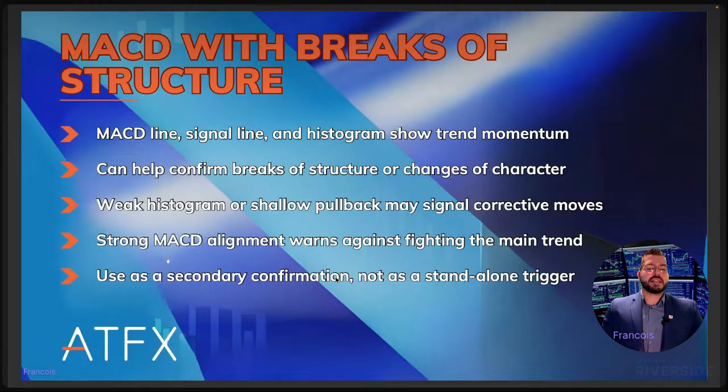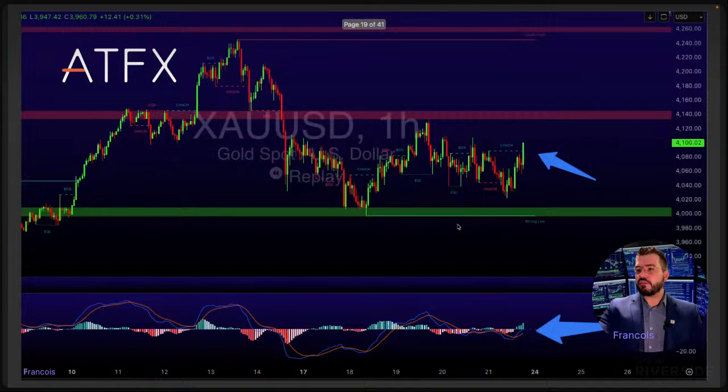Now, what does the MACD typically consist of? First of all, it consists of a MACD line and a signal line. So if you have a look here on the chart, your MACD line is the orange one, and your signal line is the blue line. The MACD indicator is the one here at the bottom.